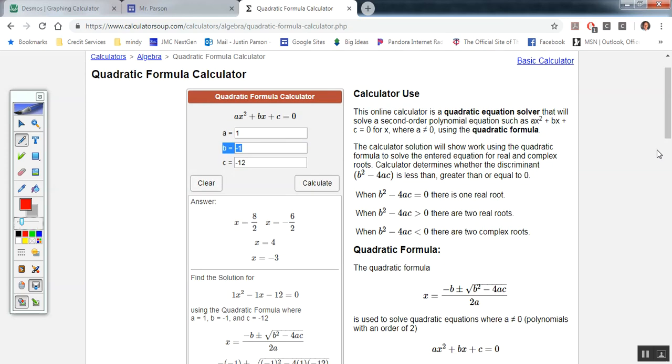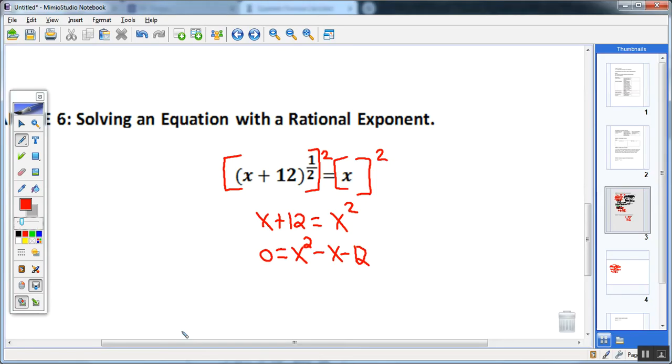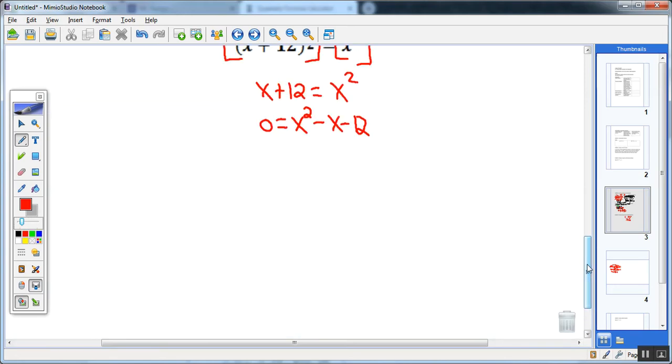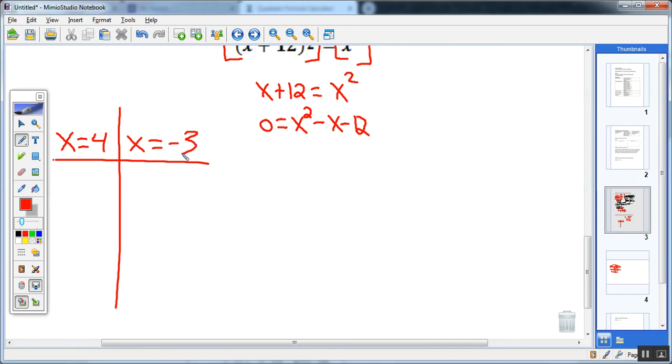Okay, so we're just done, right? When I say 4 and -3? Who said no? Say it again. We gotta check. So we think our solutions are, what was it? 4 and -3, was that right? X equals 4, x equals -3.